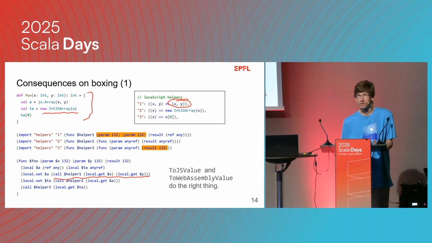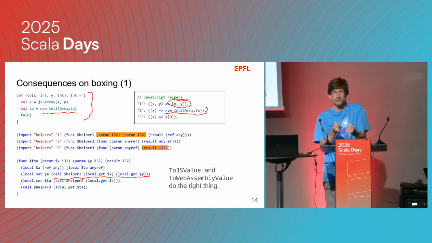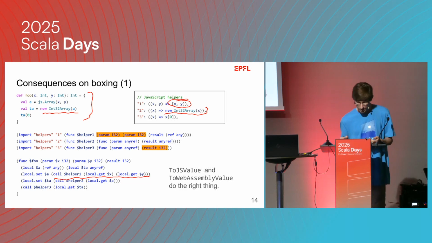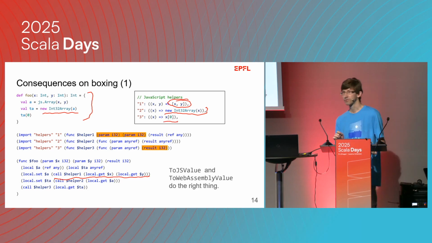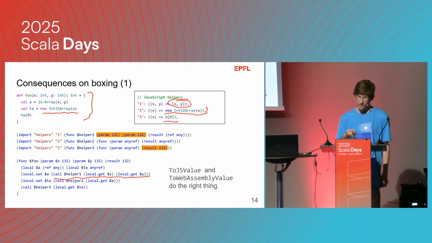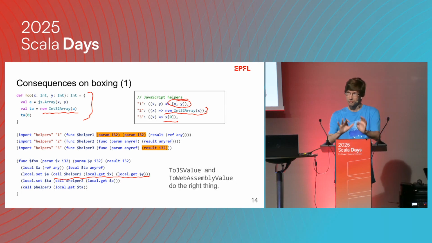Again, this is instantiating a JavaScript class. We can't do that ourselves, so we ask another helper to do that for us, right? And finally, we access TA at index 0. And again, this is a JS typed array indexing operation. We cannot do that from WASM, so we call a third helper that will access index 0 for us. Notice again that 0 is a constant that we tried to push very hard to the WebAssembly side, right?